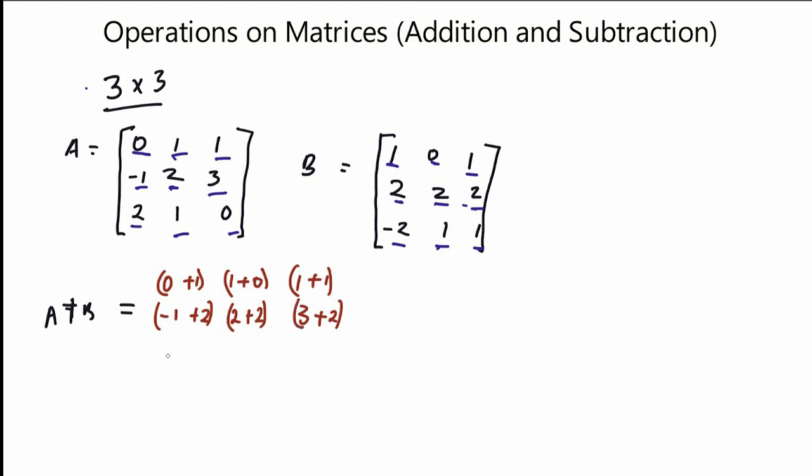In our last row, we'll have 2 plus minus 2, 1 plus 1, and lastly 0 plus 1.